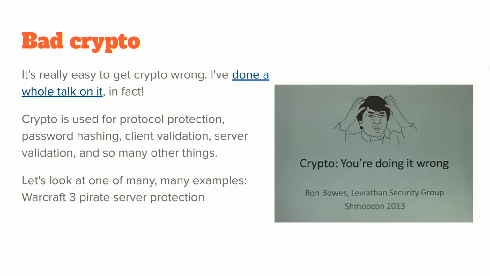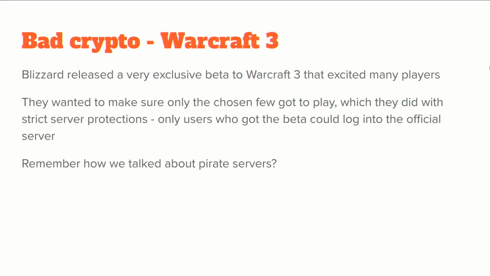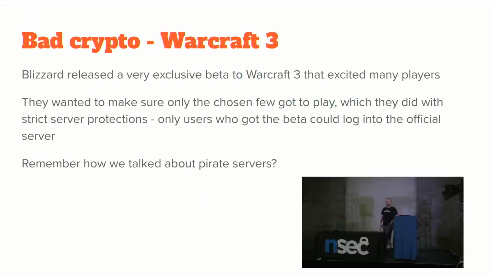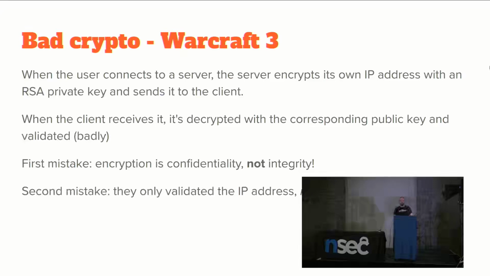The example I'm going to start with plays off the Warcraft 3 pirate servers I was talking about a minute ago. So as I said, when Blizzard released Warcraft 3, it came with a very exclusive beta that wasn't available to most of the players. Naturally, people wanted to make their pirate servers, so they did. However, Blizzard really wanted to prevent this from happening, so they added in security checks.